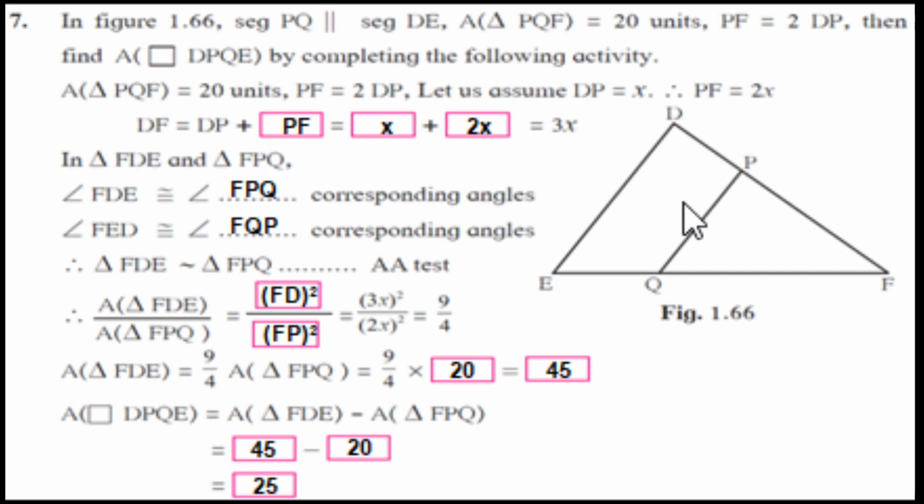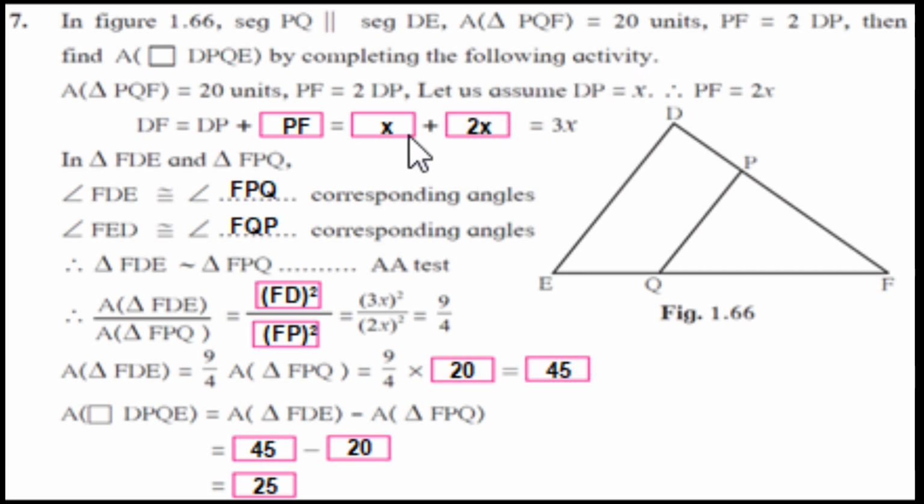Then area of triangle PQF is 20 units. This smaller triangle, area of triangle PQF is 20 units. PF is twice DP. Then we have to find out the area of quadrilateral DPQE by completing the following activity.